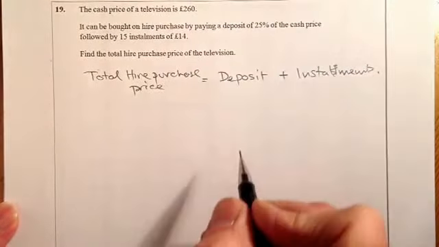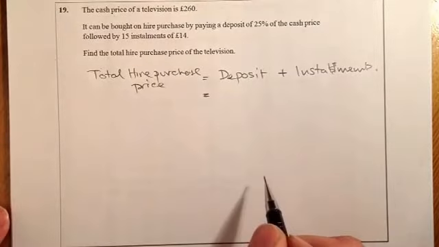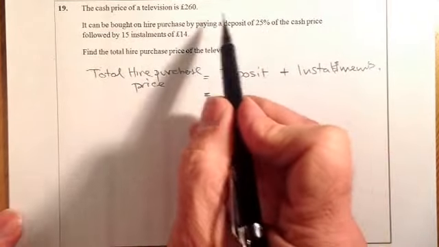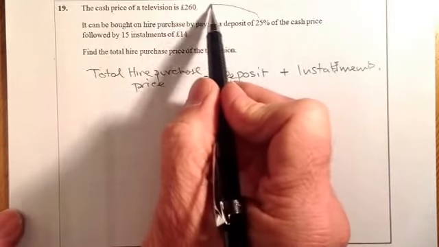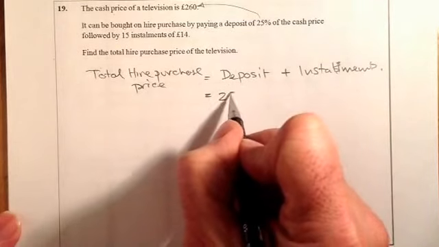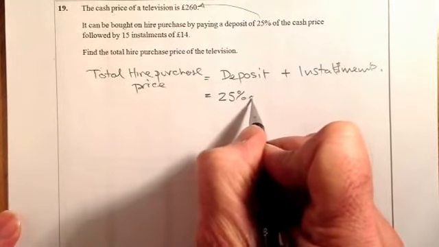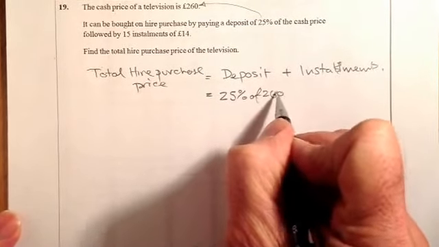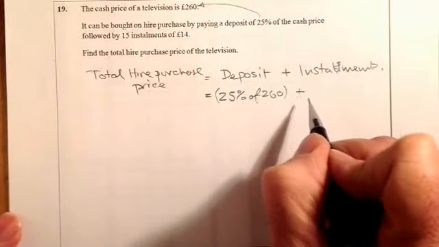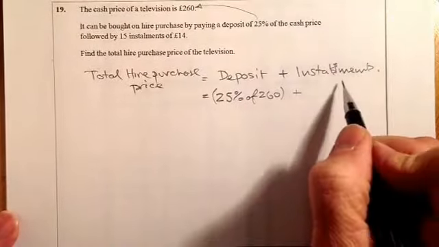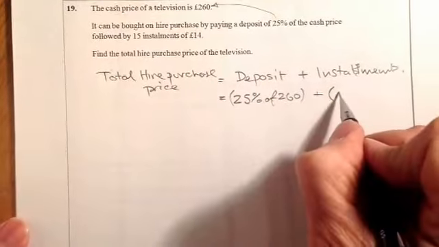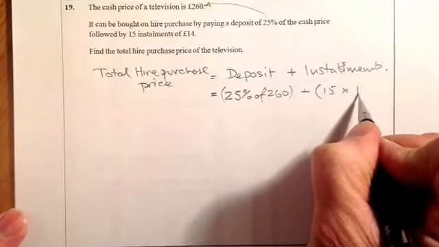So the deposit, it says it's 25% of the cash price. So for this part, I'm going to do 25% of £260. After I do that part, I'm going to work out the instalments, and the instalments are just going to be 15 times £14.